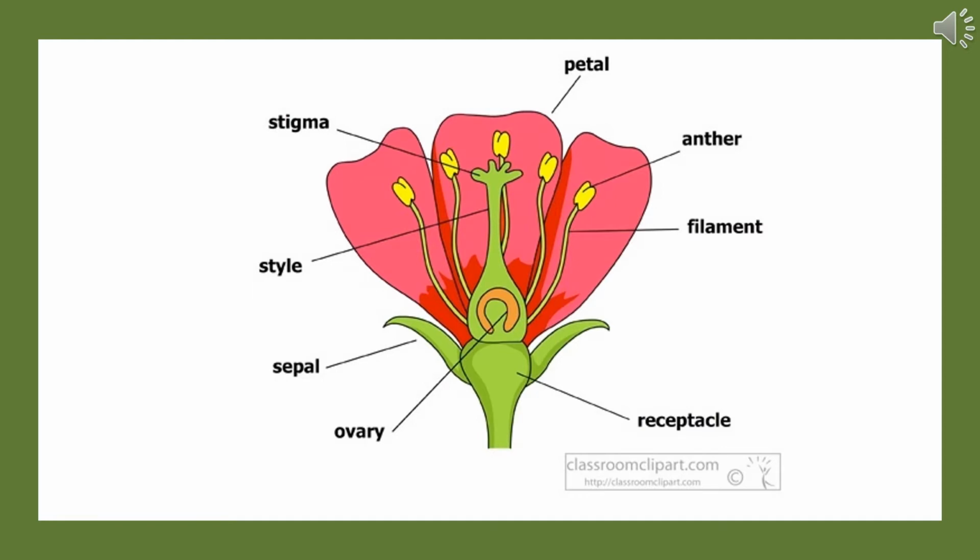Here we take a look at a graphic representation of those parts of the flower. Please take a moment to pause this video and sketch a flower labeling all of the different parts. And we see here that it has the sepals, it has the petals, it has the pistil and the stamens, and that means that this is a representation of a complete flower.